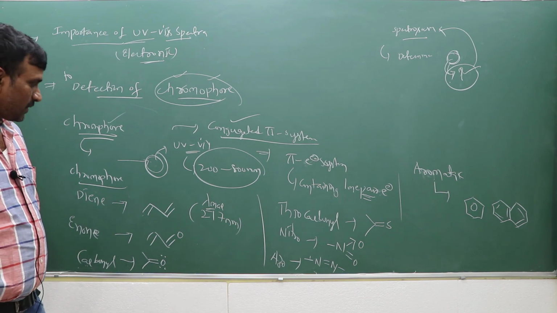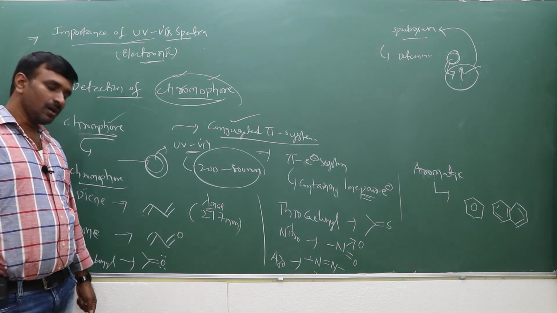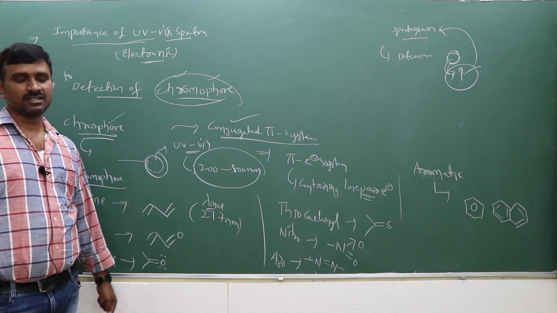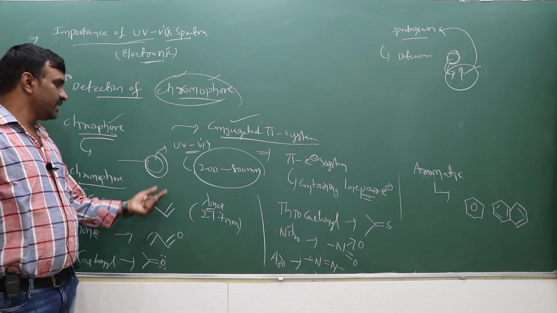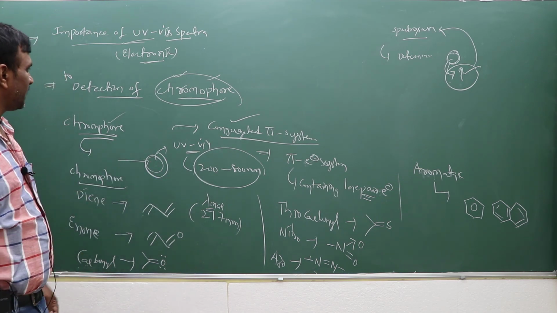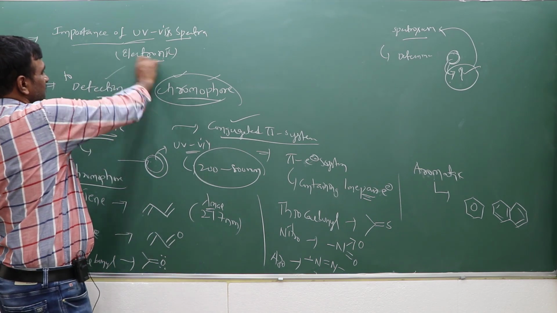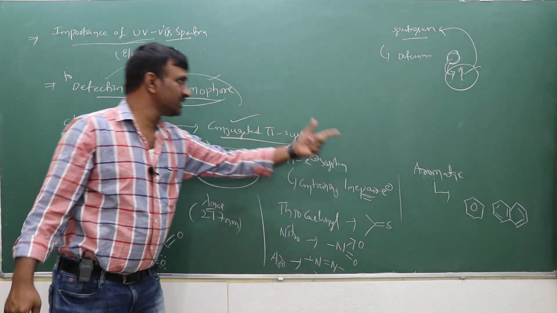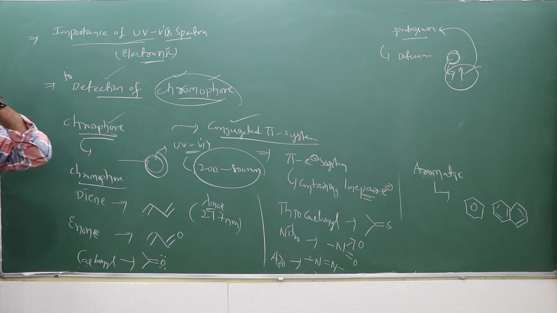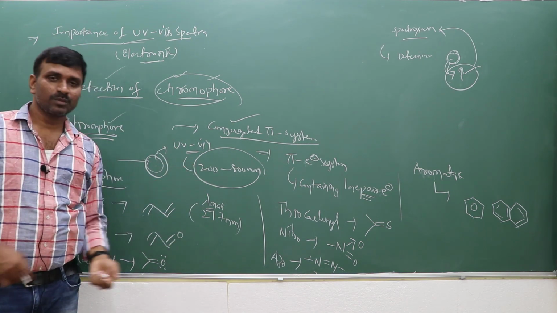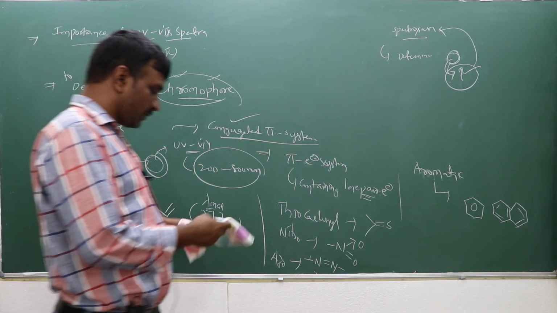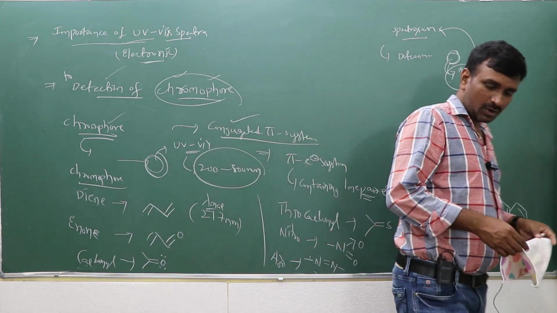So whatever conjugated pi system or double bond has lone pair of electrons is considered a chromophore, because it is capable of absorbing the UV visible range of radiation. The detection of chromophores takes place by using UV visible spectroscopy, by considering the UV visible band positions. So you know the term chromophore.